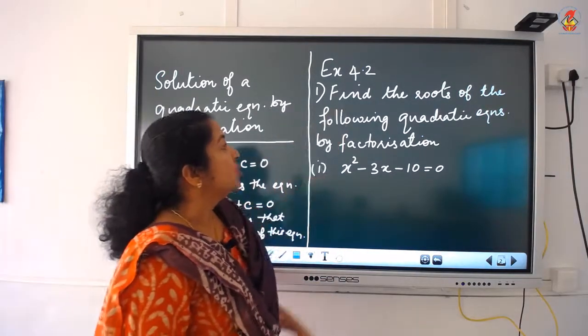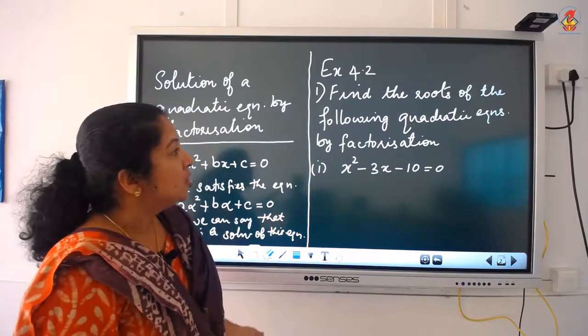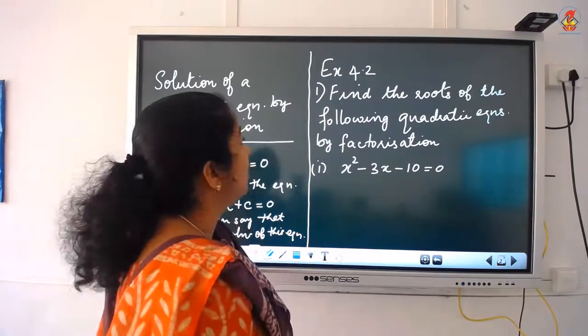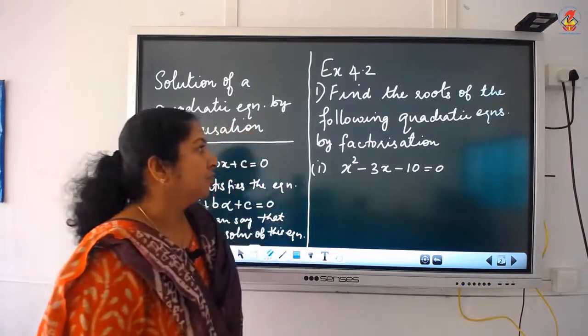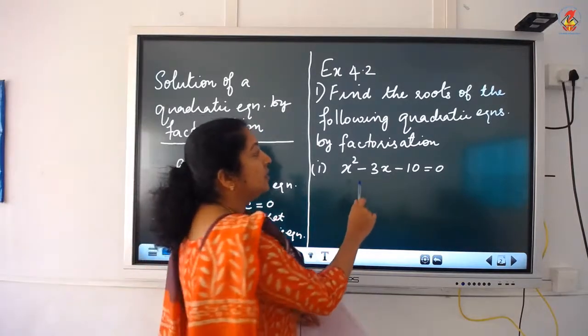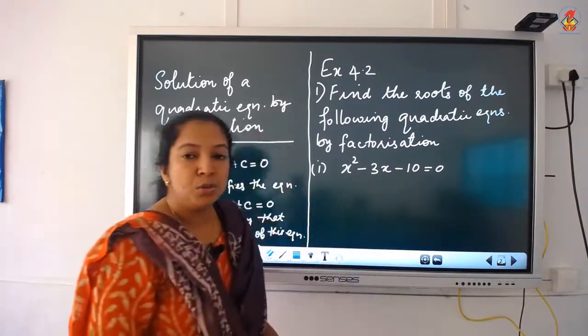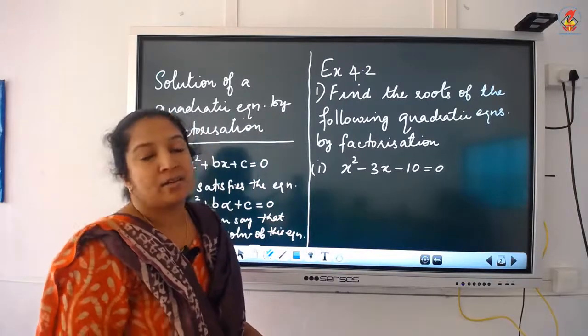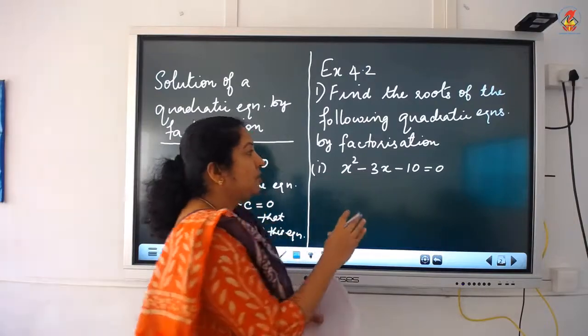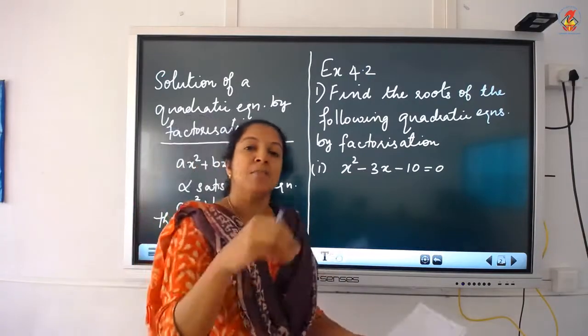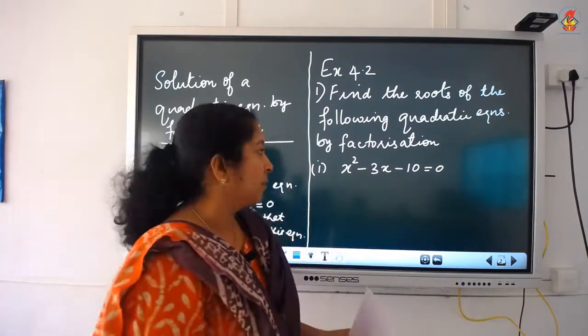Exercise 4.2. First question, find the roots of the following quadratic equations by factorization. You have to find the roots using the factorization method, which is the same as the splitting the middle term method.